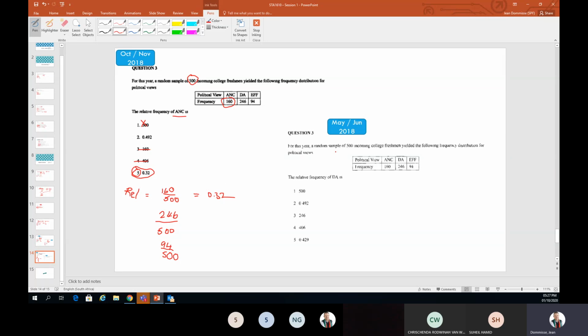And let's look at the other question, also question 3 in the same year. Again, incoming freshman frequency. What is the relative frequency of DA? It was basically the 246 divided by the 500, which then gives you 0.492.